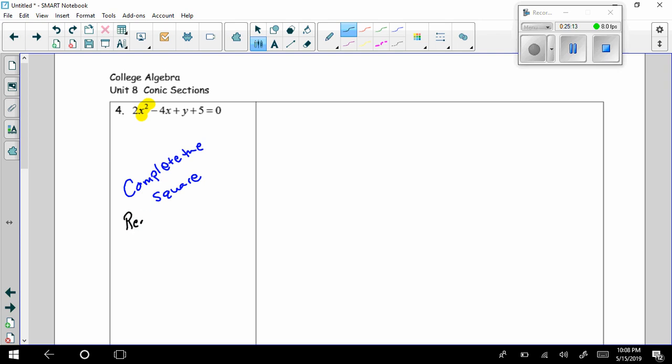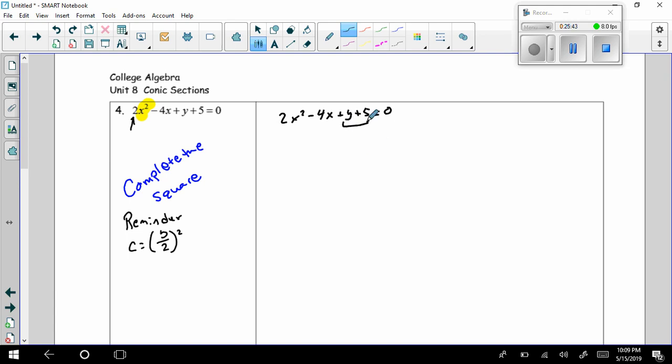Okay, so remember C is equal to B over 2 squared, but also that we're not going to have that lead coefficient. So we're going to have to rearrange some stuff in this equation before we can go through this process.